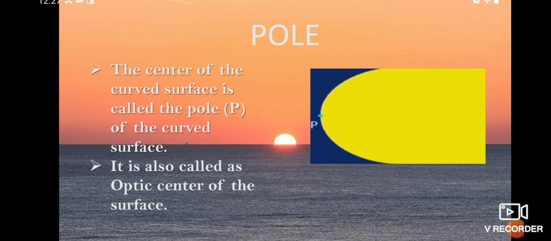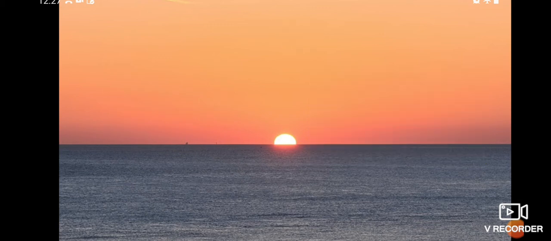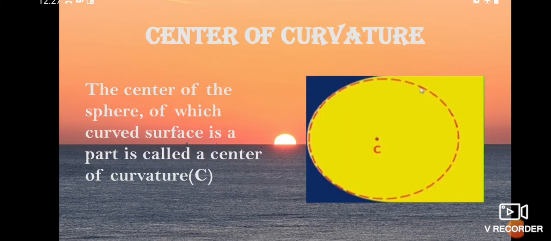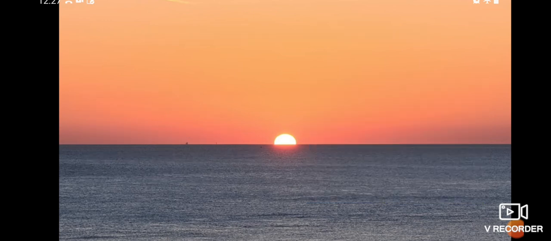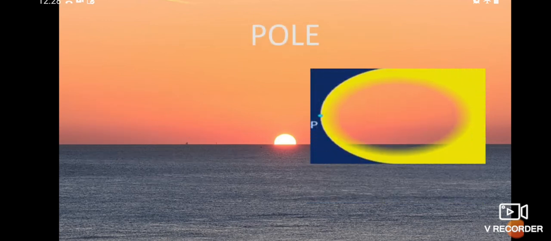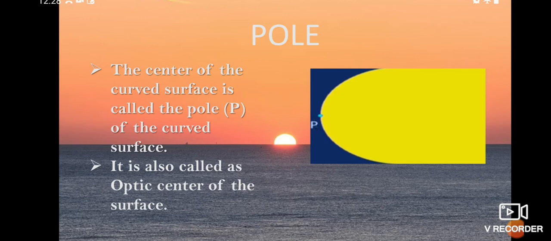Here the sphere is different for the pole. For the center we have taken the middle, but in the case of the pole we have taken the curved surface area, the interface. That is called the pole, and it is also called the optic center of the surface. So pole means the center of the curved surface, we can call it the optic center.